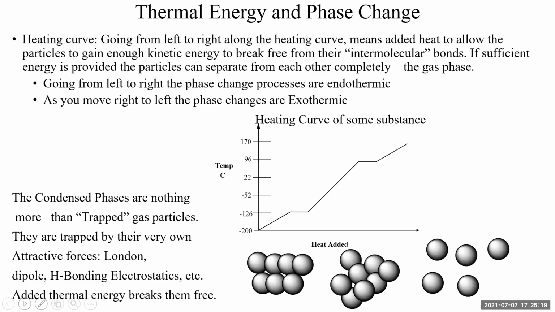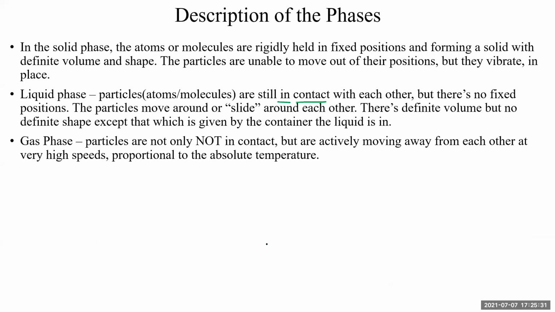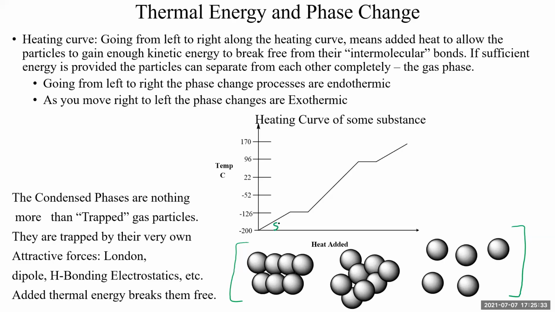So thermal energy and phase changes are represented with this heating curve. And here is just a sort of visual representation of the different physical states. Here, in the first part of this curve, we have the solid. Before you reach the freezing point, you have a solid.